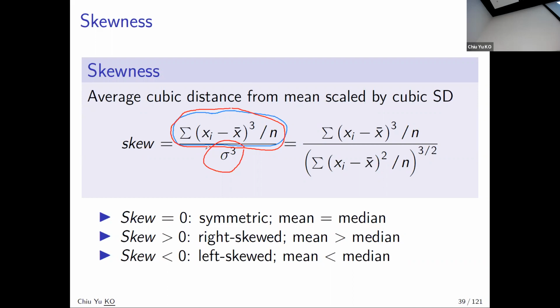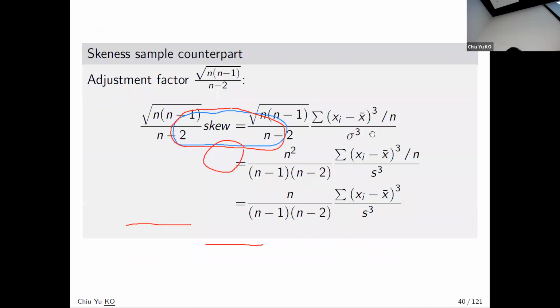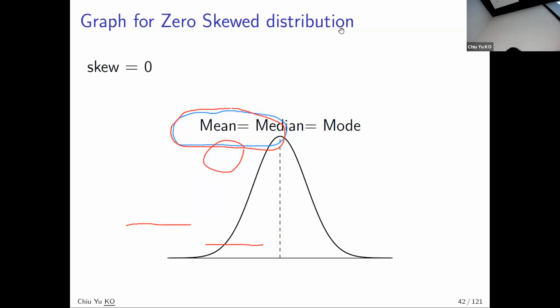And you can easily see that if the shape is symmetric, it will be 0. Look at the graph here. This is a nice graph. If symmetric, this skew is 0.